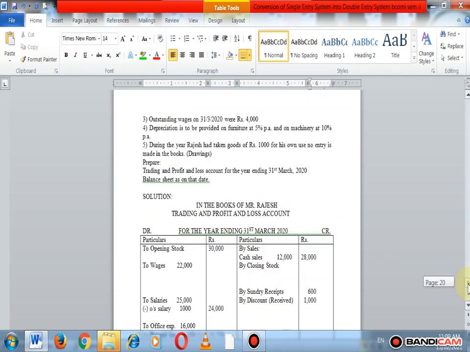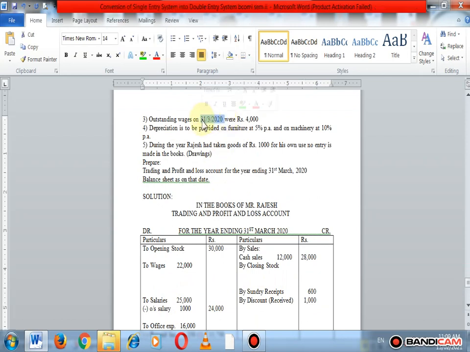Then third adjustment, outstanding wages. So this outstanding is of the current year, amounted to rupees 4,000. So the current year's outstanding is added in the respective expenses. So current year's expenses, outstanding wages amounted to rupees 4,000, make the total, that is 26,000.